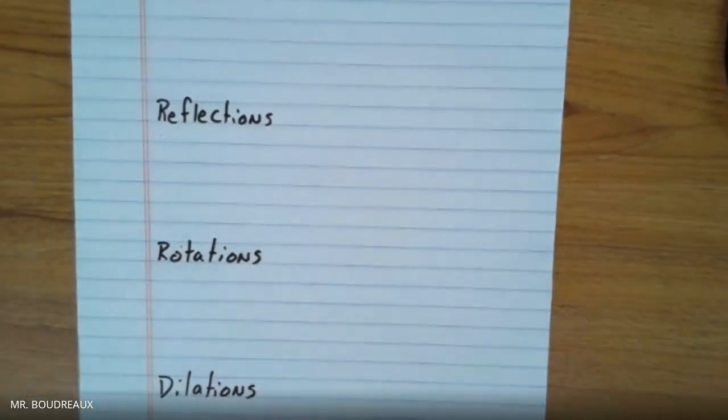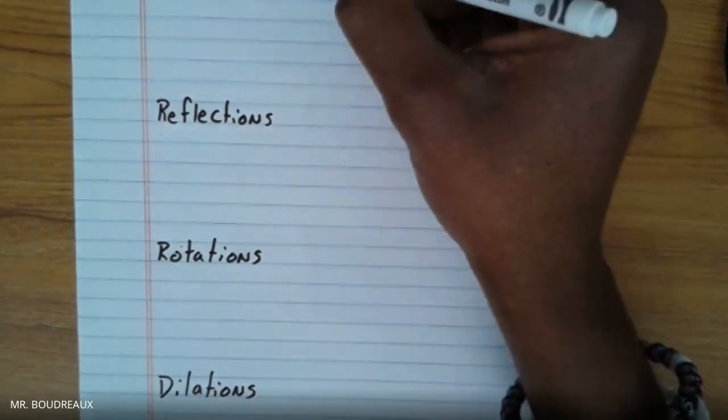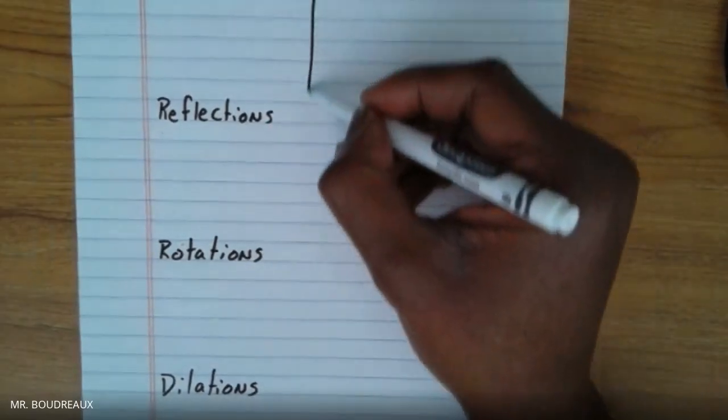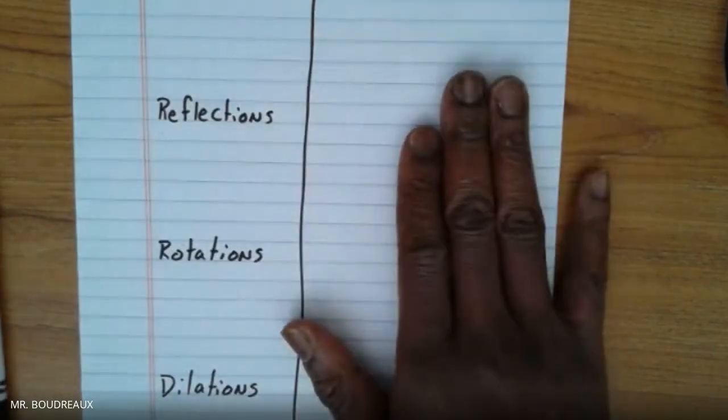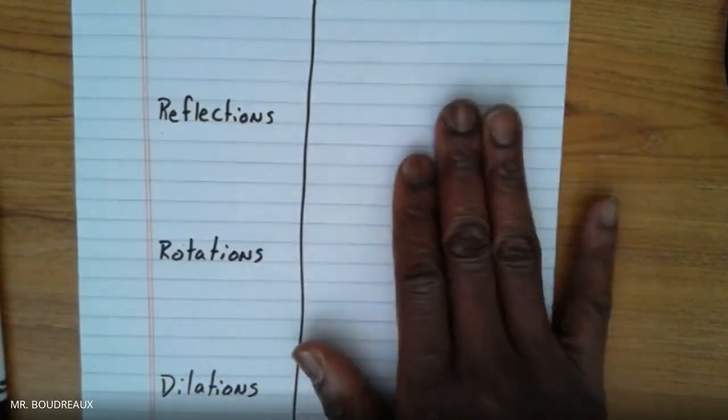Now, I'm going to draw a line down here to separate our information, because I'm going to have the words over here, but examples of how they should look over here.